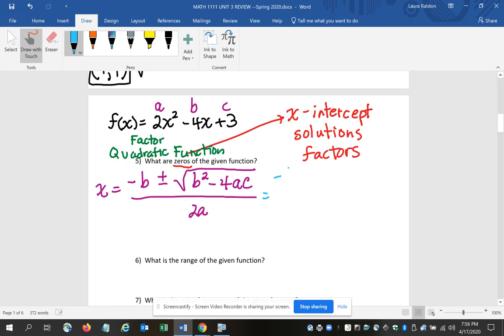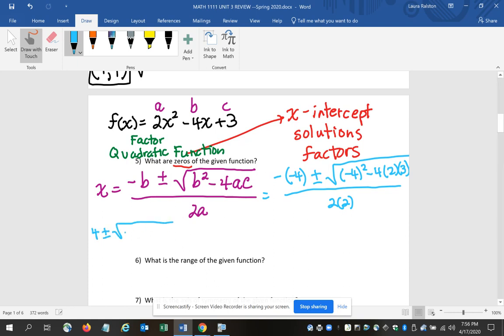Okay, so we would have the opposite of negative 4 plus or minus the square root of negative 4 squared minus 4 times 2 times 3 all over 2 times 2, which would give me 4 plus or minus the square root.